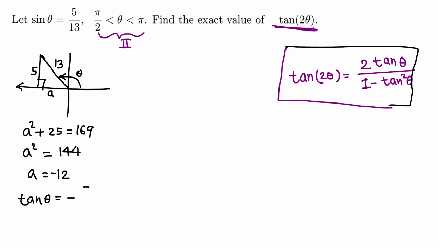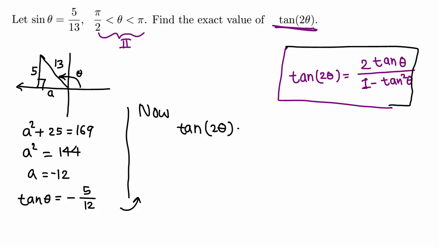Okay, once we have this down, now we want to find the value of tangent 2 theta. Tangent 2 theta is given by this formula, 2 times tangent theta over 1 minus tangent squared theta.